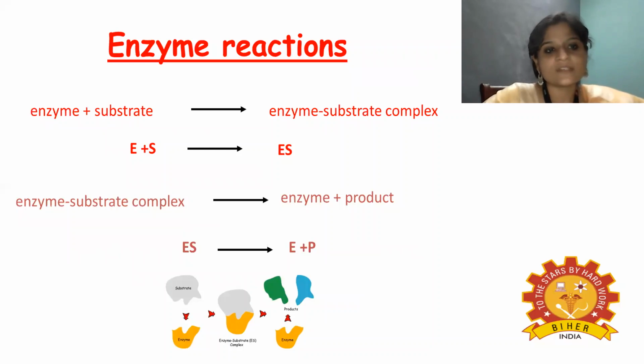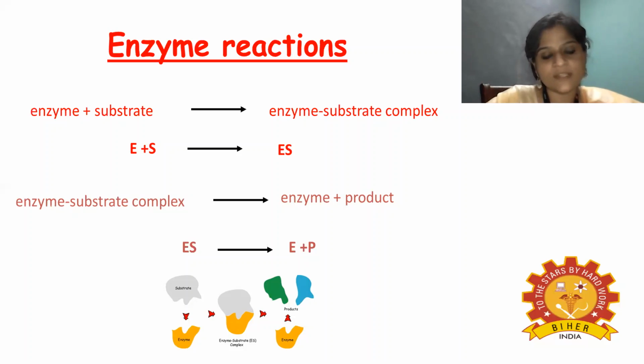So, enzyme reactions. Any substrate is there, and we are targeting this enzyme. Enzyme plus substrate forms what we call the enzyme substrate complex. Once this enzyme goes and binds to the active site, it is called the enzyme substrate complex. And this enzyme substrate complex will form product.